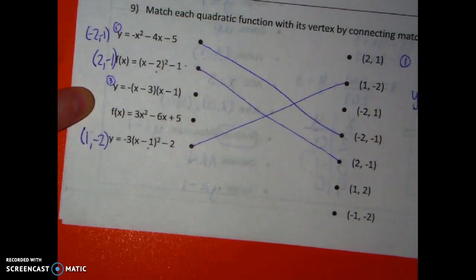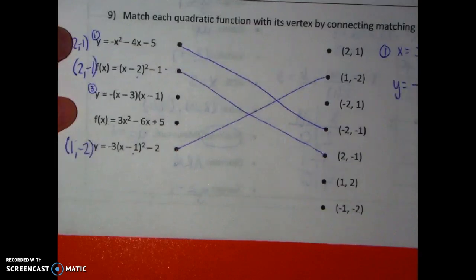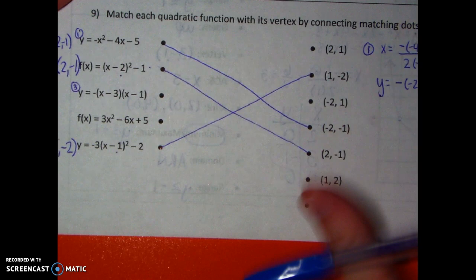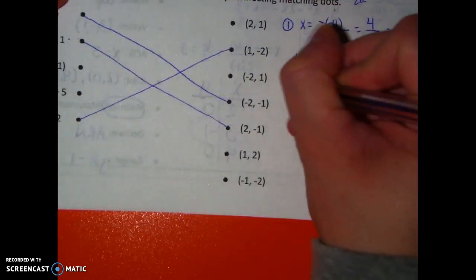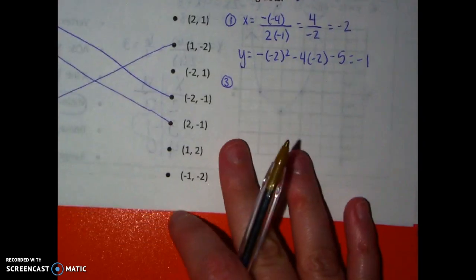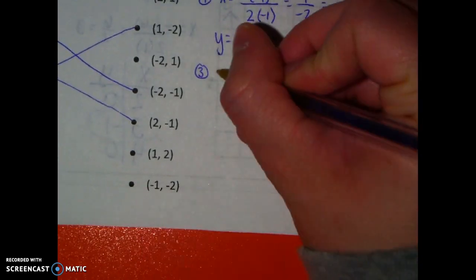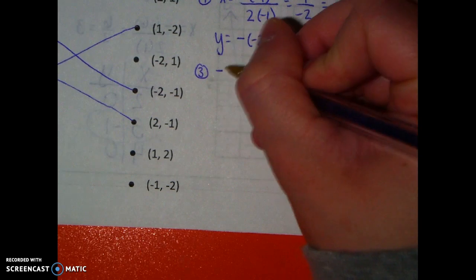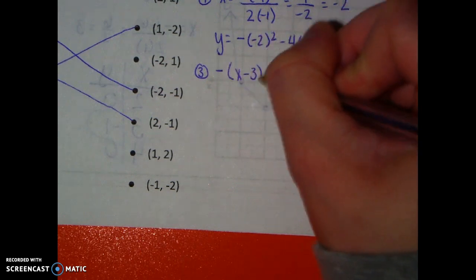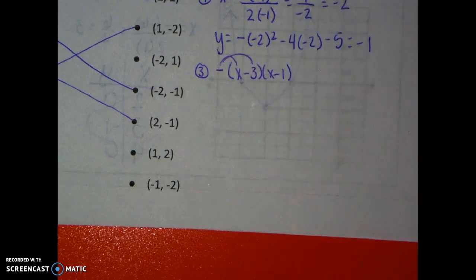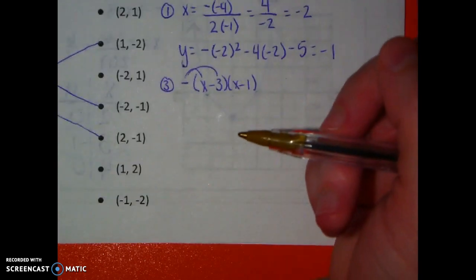For this one right here, we'll say this is number 3. I'm going to have to multiply it out first and then do negative b over 2a. So, number 3. You can go ahead and distribute that negative sign to the first group if you would like to.